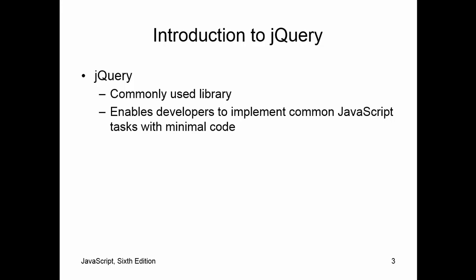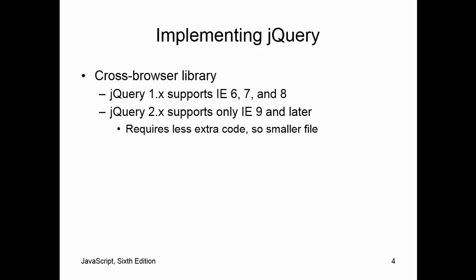The idea behind jQuery is that it will minimize the amount of code that you as a developer have to write, because you can call a lot of built-in jQuery functions. As it says here, it enables developers to implement common JavaScript tasks with minimal code.